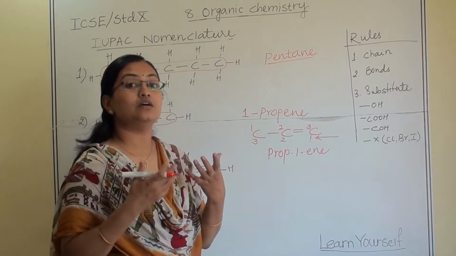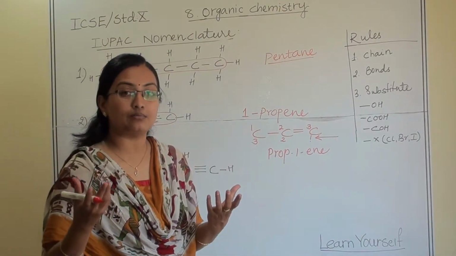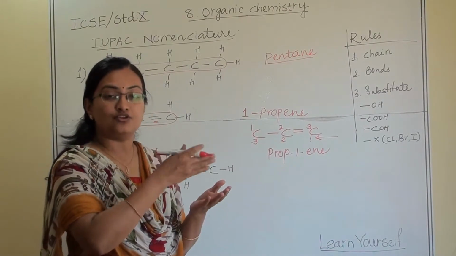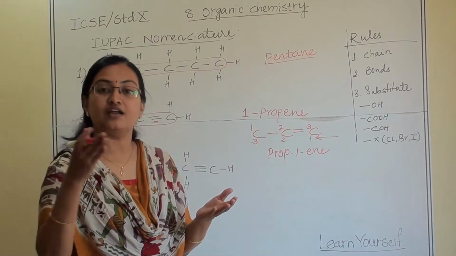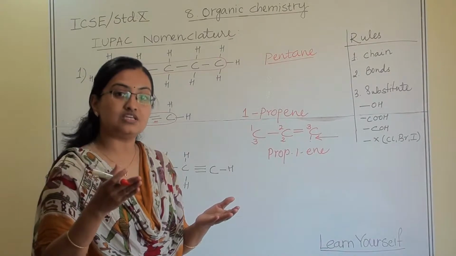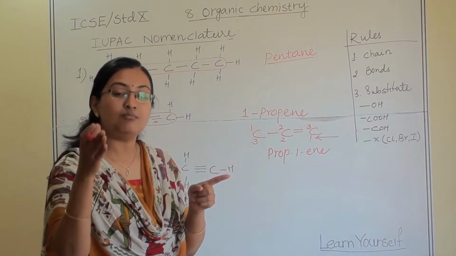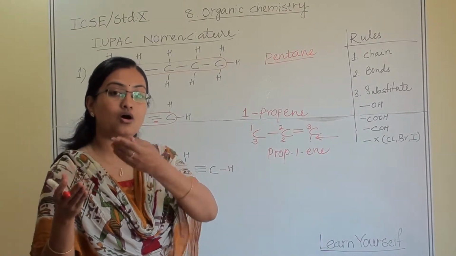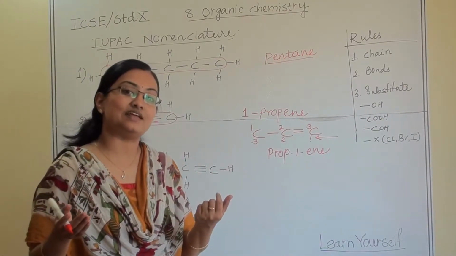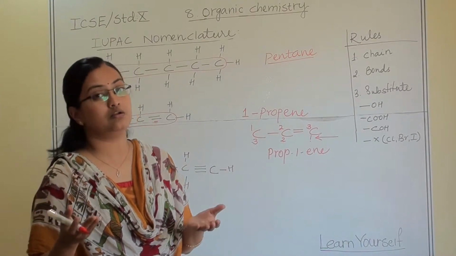When you are giving a name to any hydrocarbon chain, when you are giving numbering, you have to see that when we are writing from left to right, the double bond gets a smaller number, or when we are writing in the opposite direction, the double bond gets a smaller number.